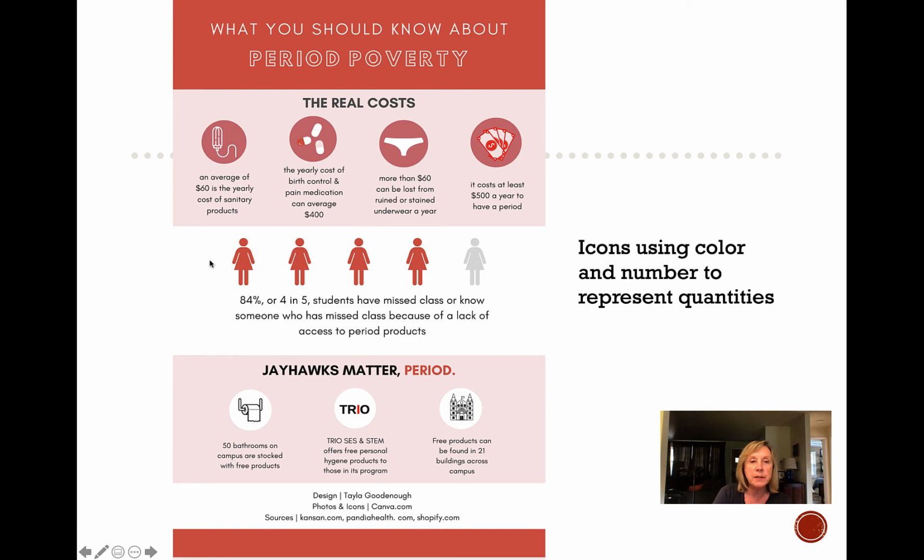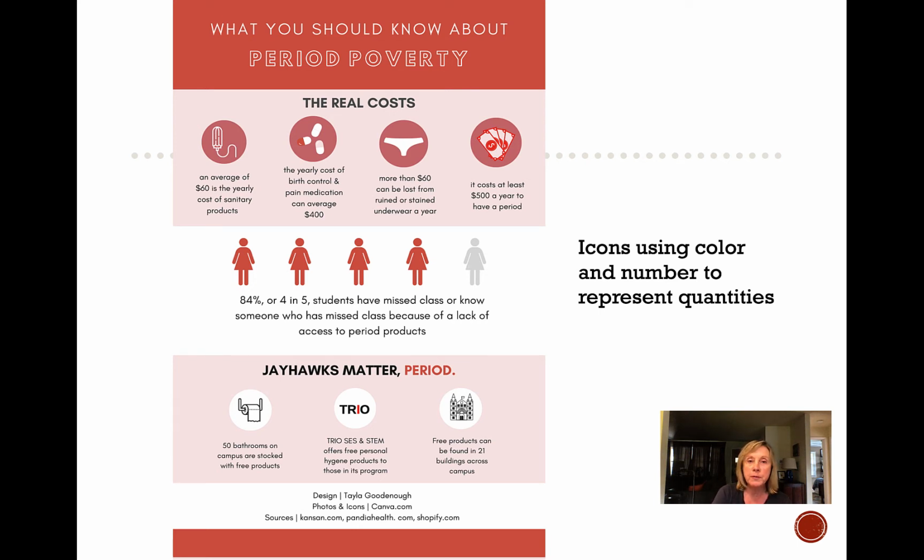She's representing these with icons. We have 4 red icons to represent the 4 students out of 5, or the 84% here. And we have a gray icon to represent the 1 student out of 5 who is not affected.